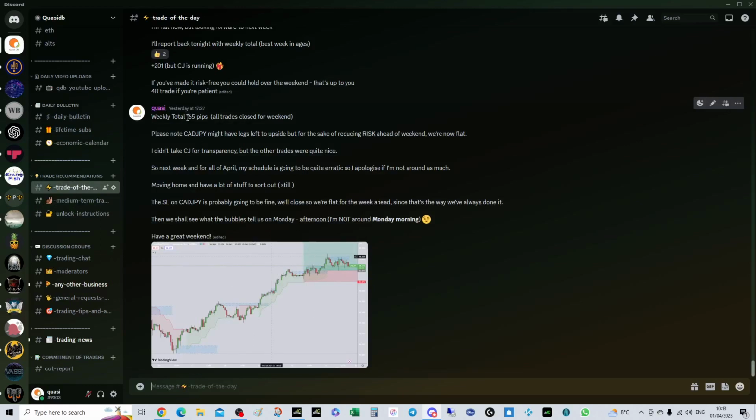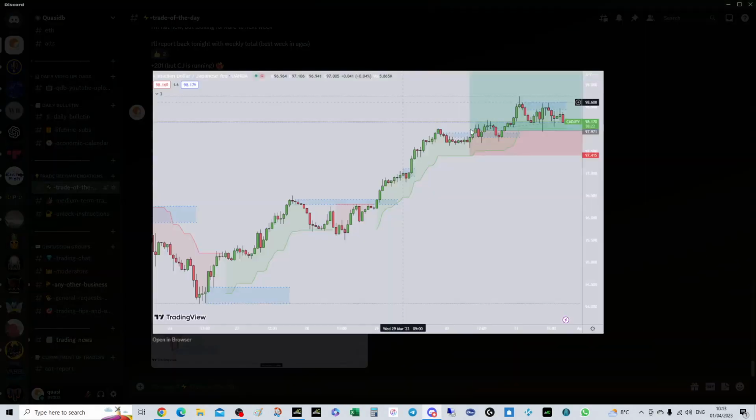So it's 165 pips. And just a caveat is that you could potentially have held CAD yen over the weekend, but we like to be flat for the week ahead. And there's our entry, and our TP was 4R, but we made a little bit of profit. There's our entry, so we did end up positive on this particular currency pair.